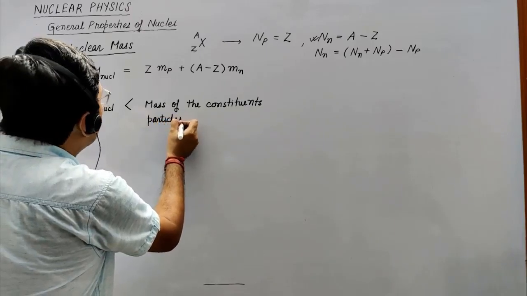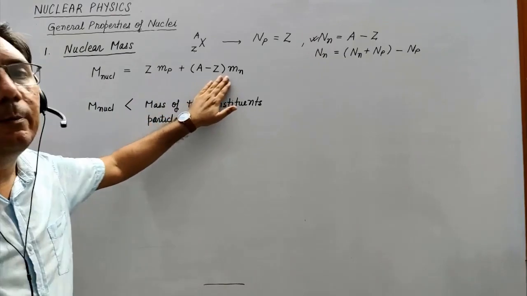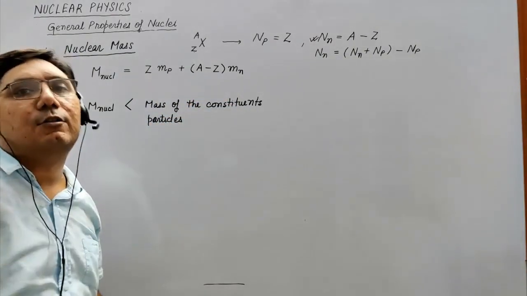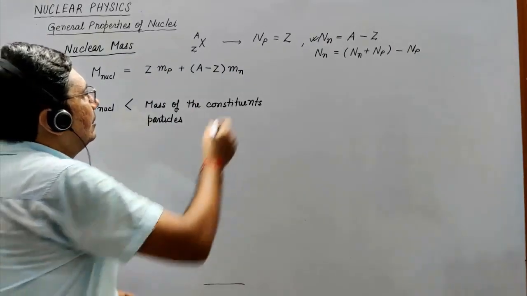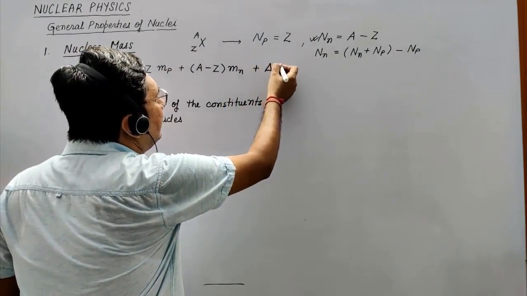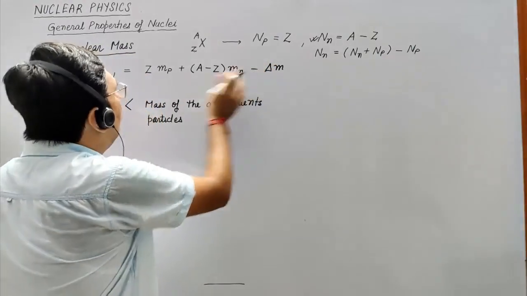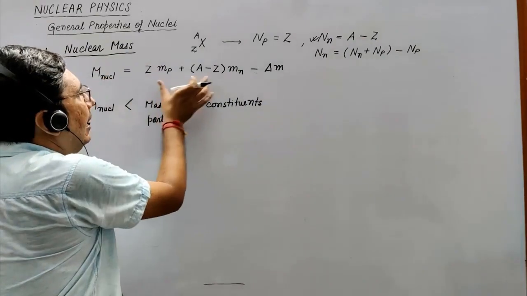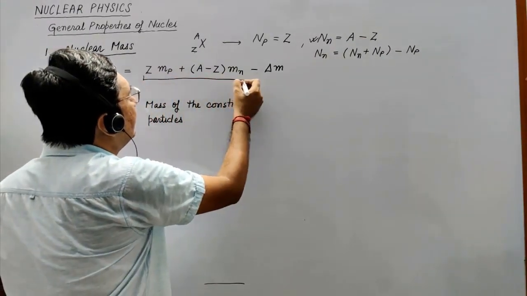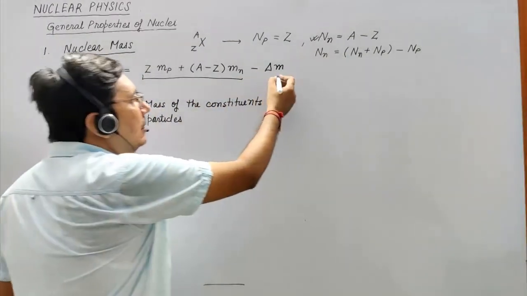So basically, when a nuclei is formed from the constituent particles, a small mass is lost, and that mass is known as mass defect. That lost mass is represented by delta M. So basically, the mass of the nuclei is always less than the mass of the constituent particles, and a small mass is lost.